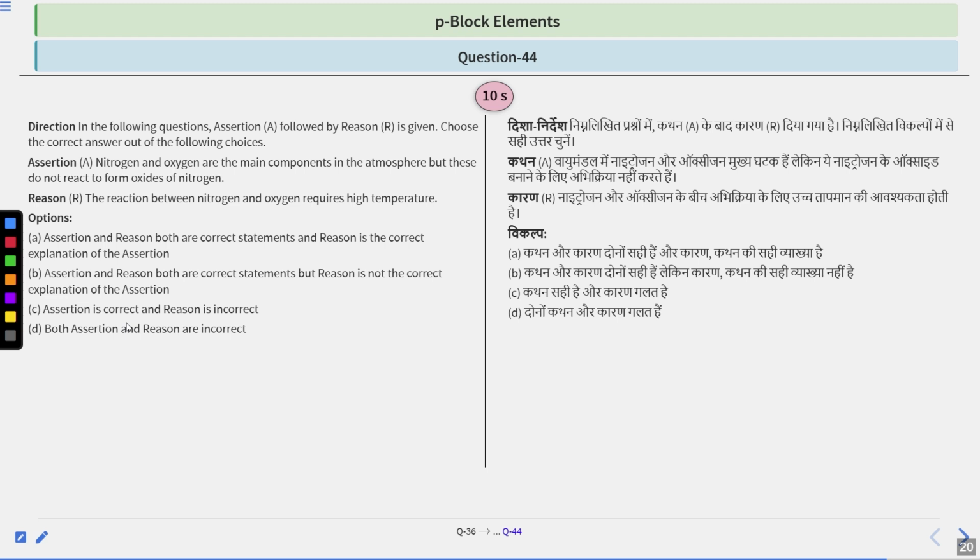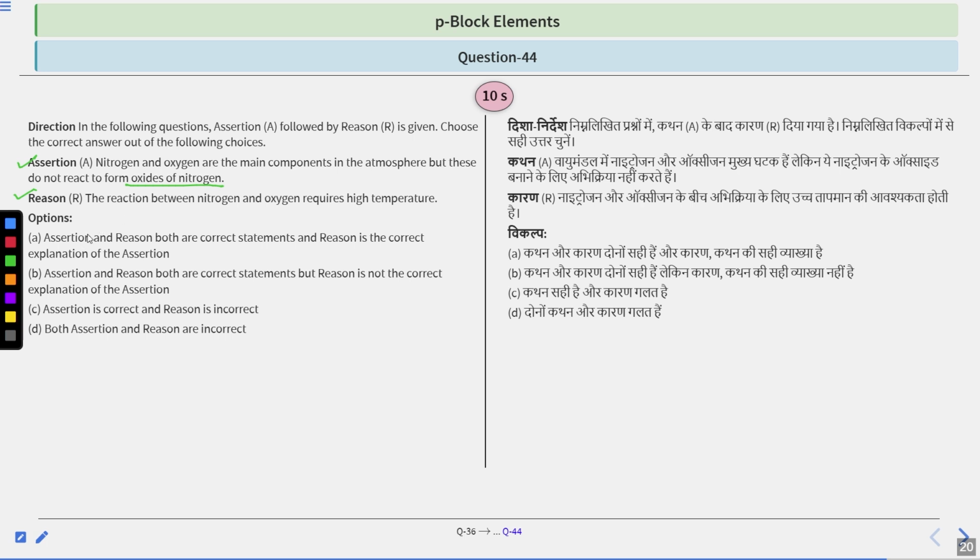Question number 44. Assertion: nitrogen and oxygen are the main components in the atmosphere, but these do not react to form oxides of nitrogen. Reason: the reaction between nitrogen and oxygen requires high temperature.